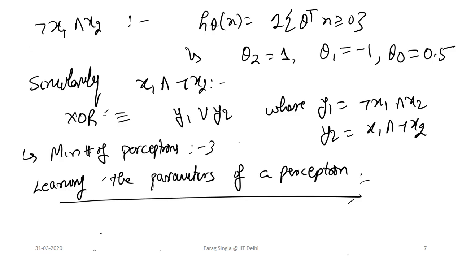And this is because the Boolean domain is 0 and 1. So you can verify that this actually implements the not x1 and x2 function.